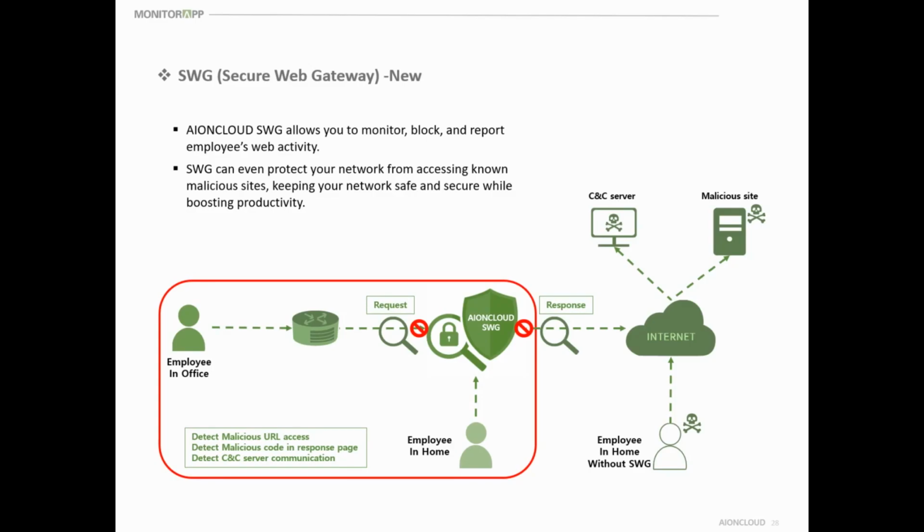In that case, you cannot detect and you cannot make any defense. So this is the reason why all of your employees should go through the SWG for internet access.